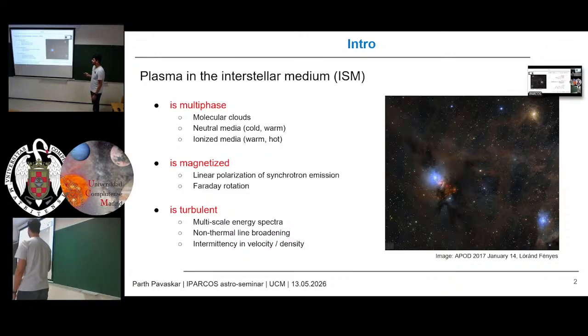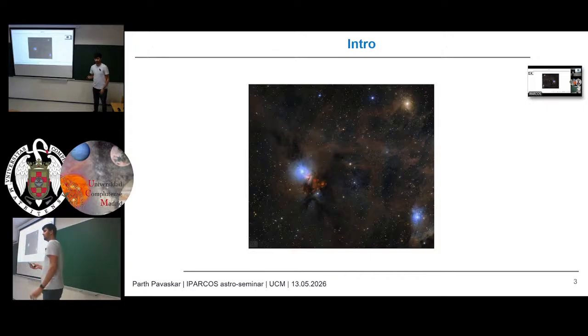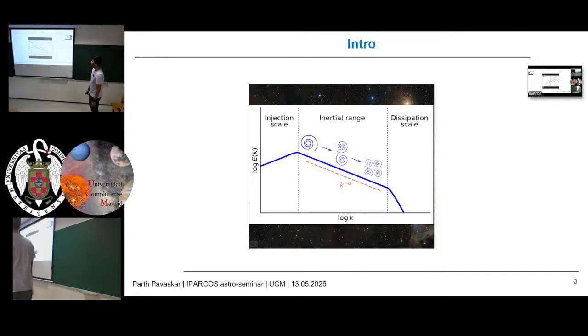Naturally, when something has a magnetic field and is turbulent, it's not going to be a simple system to model. It has nonlinearities going on, and complex systems inside of it. So my study is focused more on the turbulence aspect, and essentially the magnetized turbulence aspect in the ISM.